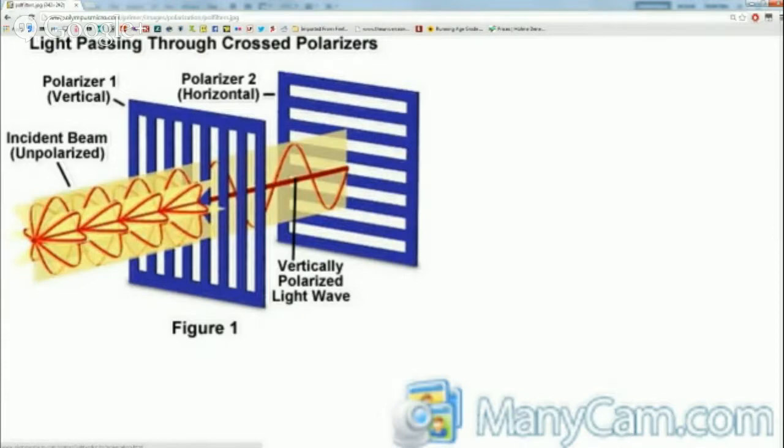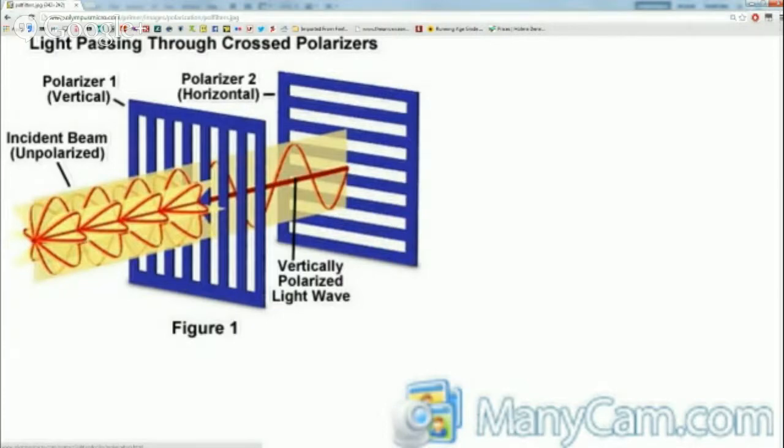When we talk about polarization, most of the time we're talking about parts of the electromagnetic spectrum. So we can polarize visible light, and that's useful in sunglasses, for example, or sometimes used in photography. We can also polarize microwaves and radio waves, and that can be useful for filtering.